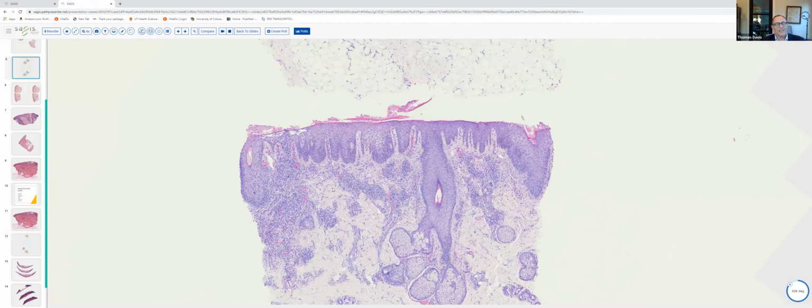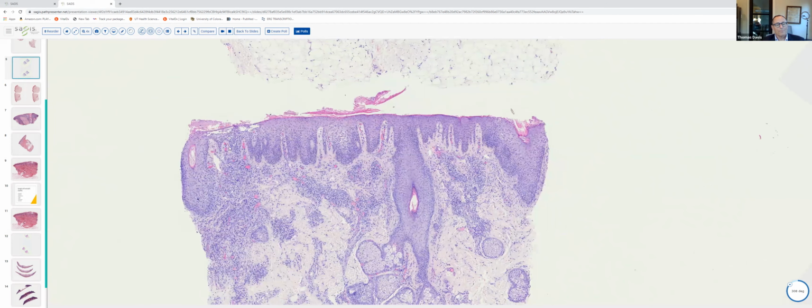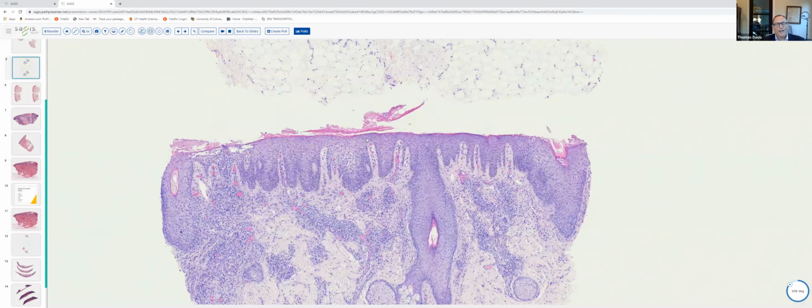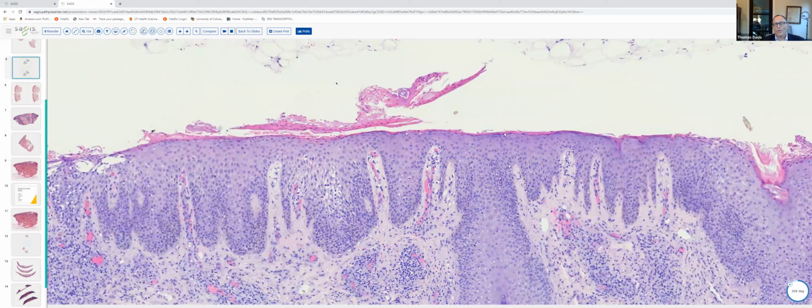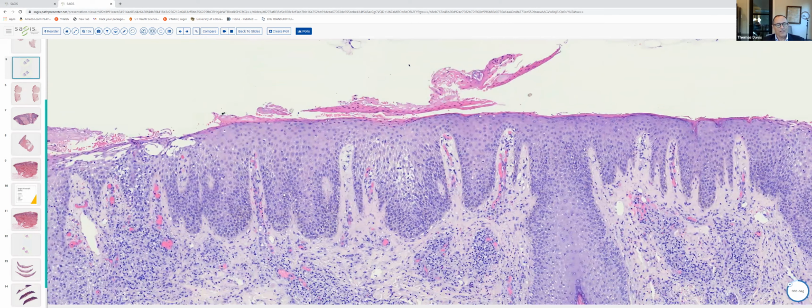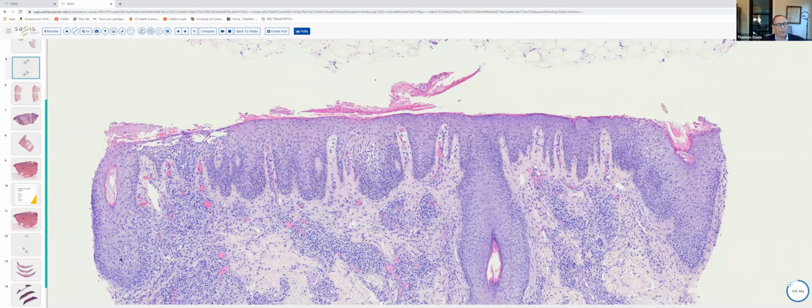So we see the classic changes of spongiosis and epidermal hyperplasia, or a spongiotic psoriasiform dermatitis. Of note here, there is scale crust within the stratum corneum. We have serum and parakeratosis. The epidermis is characterized by somewhat irregular epidermal hyperplasia.